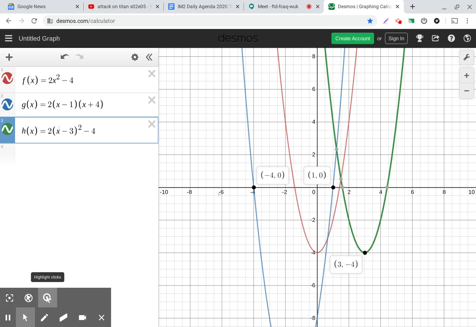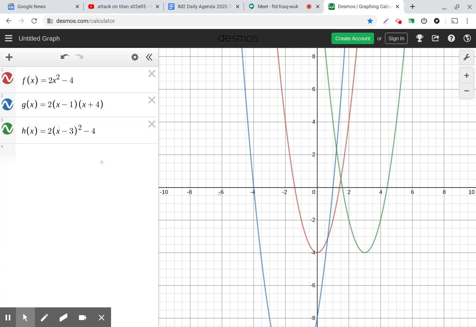Which one is in factored form? Which one gives me the x-intercepts? G, definitely, which is going to be +1 and -4 will slide into the x's. So G is factored form. And then lastly, which one is in standard form? Which is the one that doesn't really help me too much?